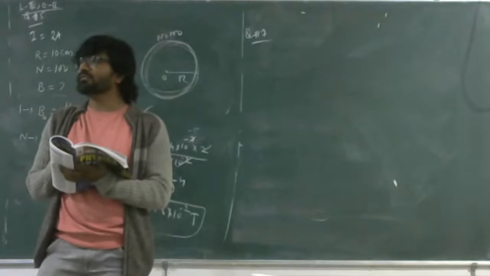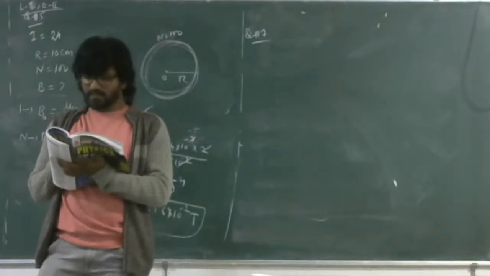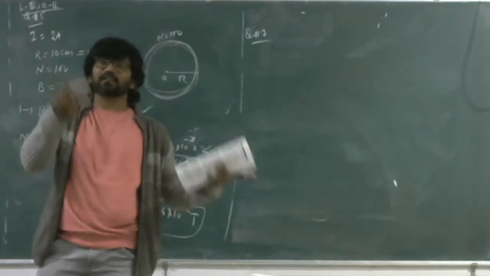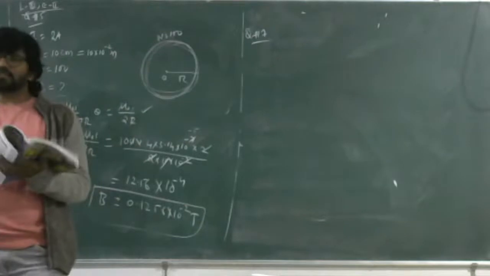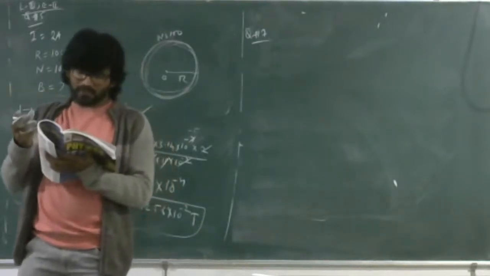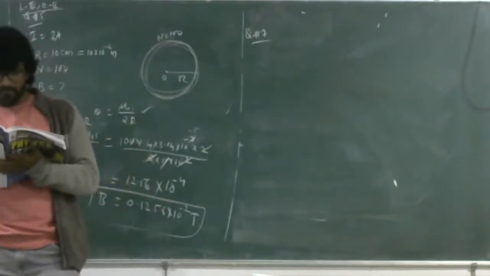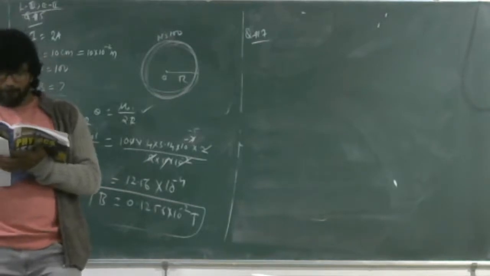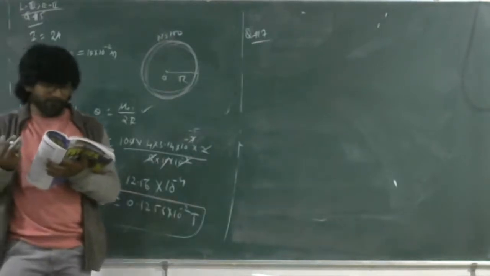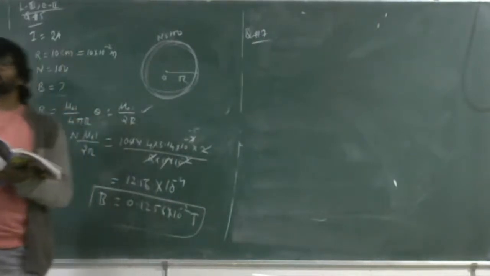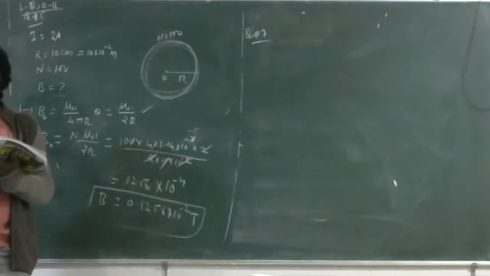Three parameter ratios are given for two coils: radii, currents, and number of turns. We are asked to find the ratio of the magnetic fields at the centers of these two coils.